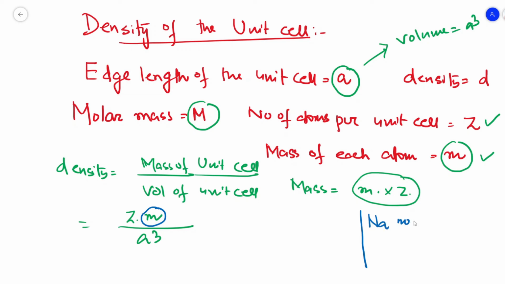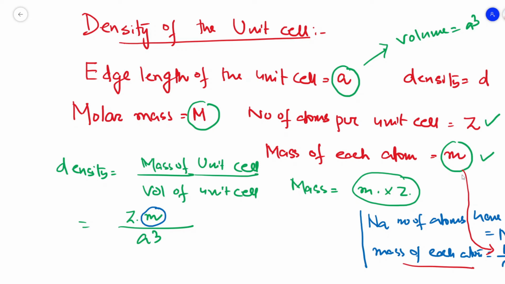So Na number of atoms have mass capital M. So the mass of each atom, meaning one atom, will be capital M by Na. So in place of small m we can write capital M by Avogadro number. So we will get Z into capital M by Avogadro number and a cube.